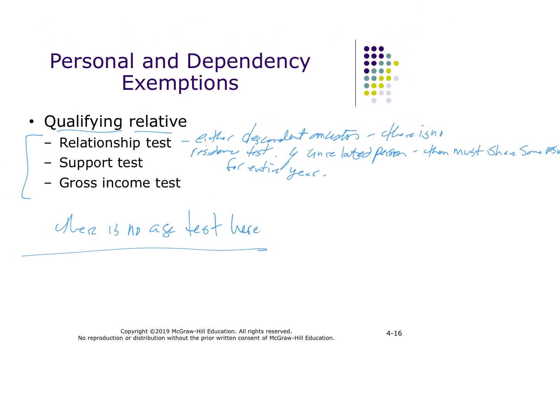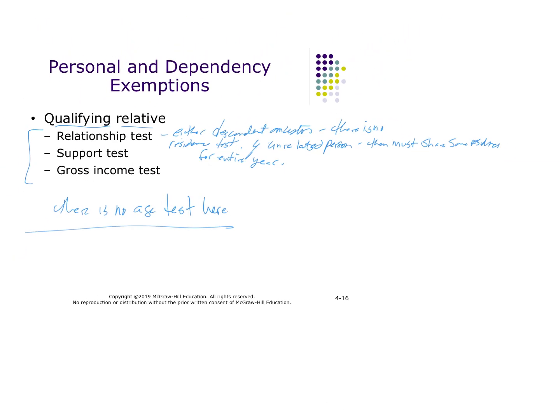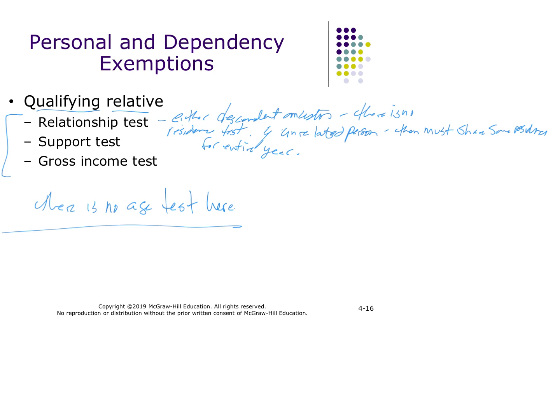So let's talk about the support test and the gross income test, and then I'll give you an example. Okay, so the support test for this one is a little different, so I'm going to write it down. The support test for this one is not about how much the dependent supports themselves.